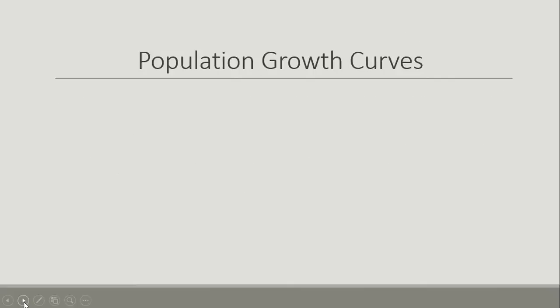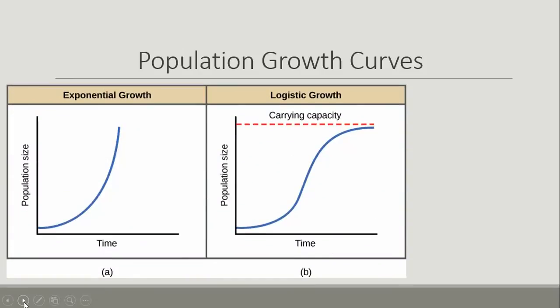So let's take a look at a couple of population growth curves. On the left we've got exponential growth, and with exponential growth, what we're dealing with is unlimited growth.